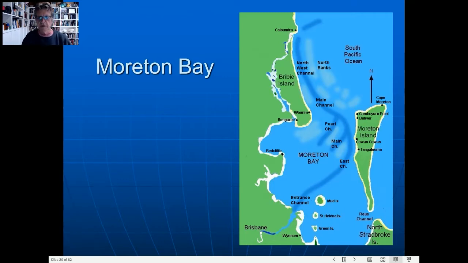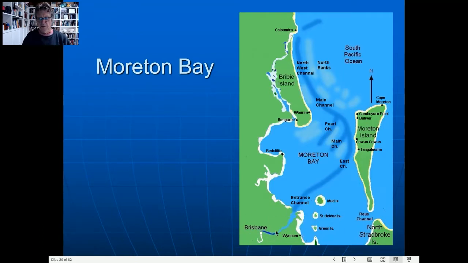Now, this is Moreton Bay. You can see here the place I was just showing you was a place called Woorim. This is Bribie Island, so that's about halfway down the eastern coast of Australia, and we've got another island out here, Moreton Island, and there's the capital city of Queensland, which is Brisbane.